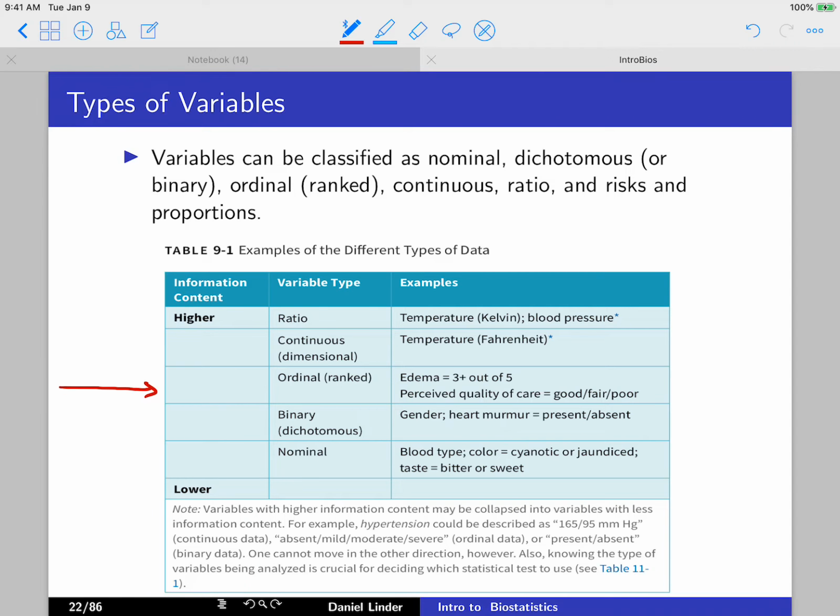So another one would be this perceived quality of care. So that would be another example of an ordinal type variable, and it could take values good, fair, poor. So you can see that there's a natural ranking of this from good all the way down to poor.